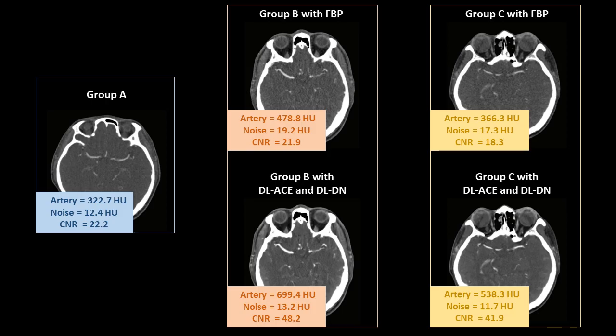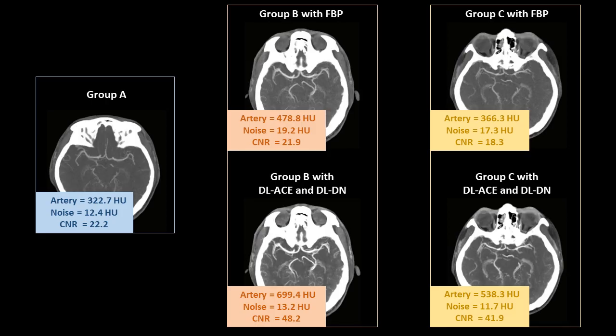This is original axial images, and this is MIP images. Can you see the differences? We can see the significant image quality improvement in images using reduced iodine load and low radiation with deep learning reconstruction.